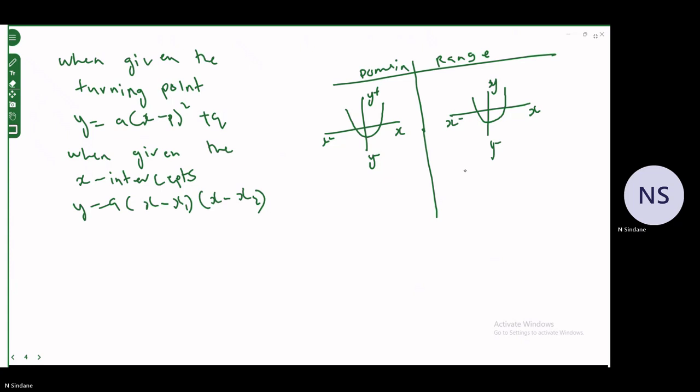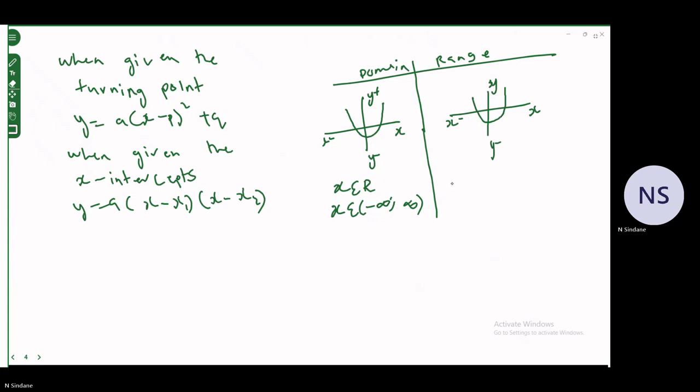From there, they want to know the domain of this graph. You can see that it exists in both the negative x and positive x, so you will say x is an element of real numbers, or you can say x is from negative infinity up to positive infinity.